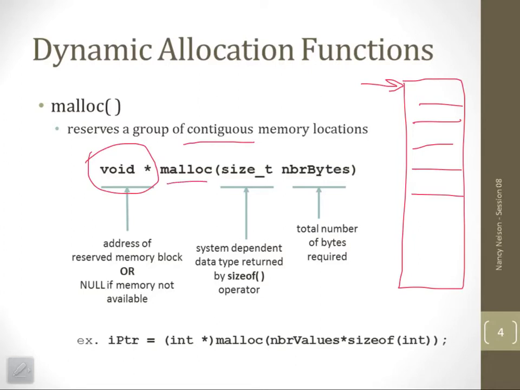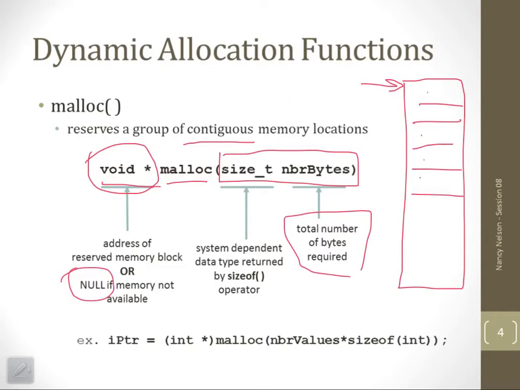So the function is malloc, it returns a pointer, or if for some reason the allocate didn't work, it's going to return null. What it expects as a parameter is the total number of bytes that we need reserved. So if we say 5 integers, it's going to reserve 5 spots for us to hold integer values.